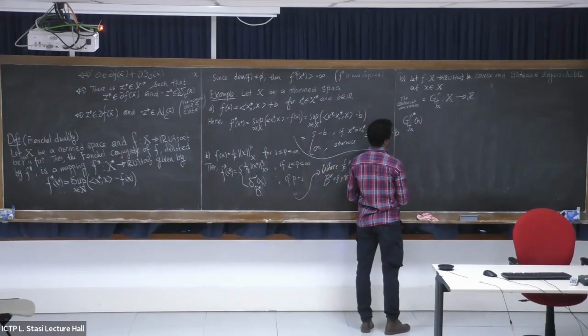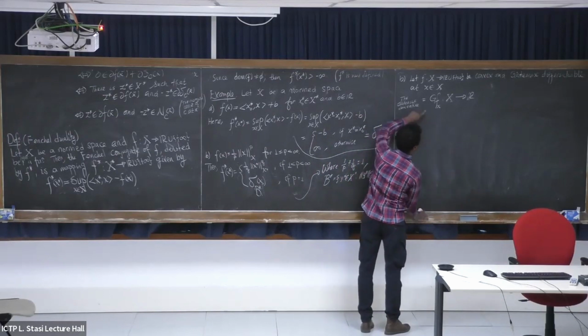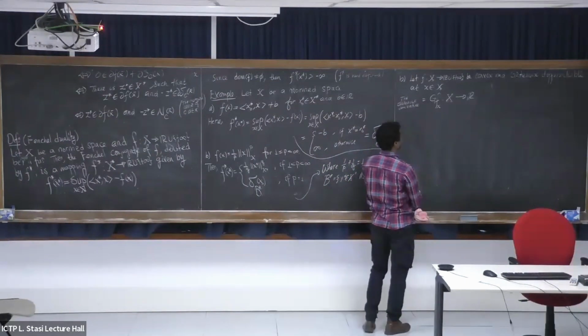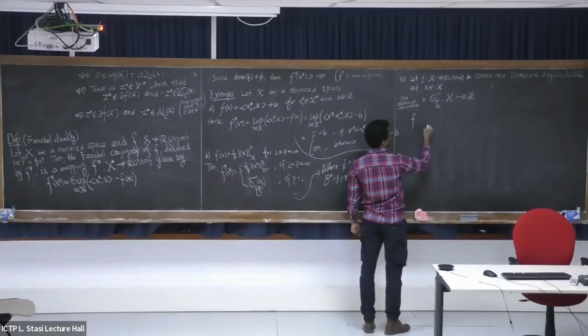This is a bounded linear function, right? It's a bounded linear function. What will be this, the Gateaux derivative of f?